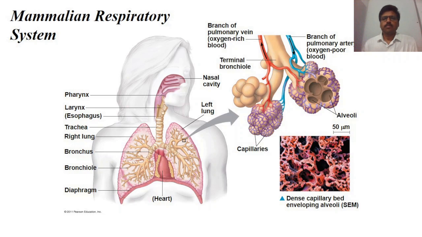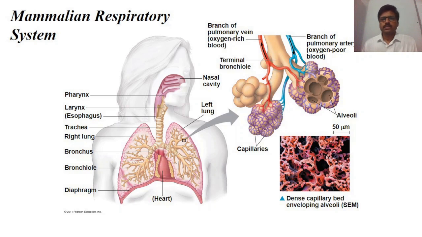It is a system of branching ducts which conveys atmospheric air to different parts of body. The main respiratory organ is a pair of lungs. Other parts include nose, pharynx, then trachea, which is found in the neck region.